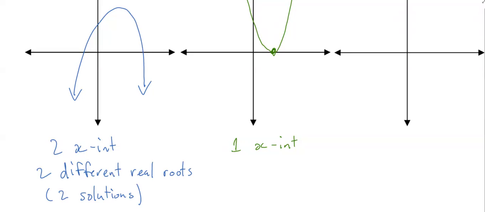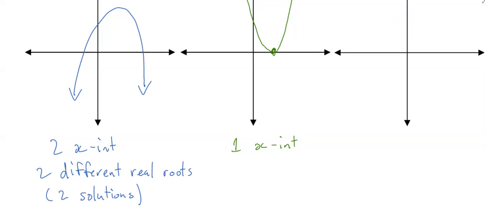Now, I hope we understand that this parabola has an equation that would be like y equals something. But if instead of the y, I thought of it as an equation equal to 0 that I can solve, that's what we're talking about. I could think of it as y equals, or I could think of it as 0 equals.